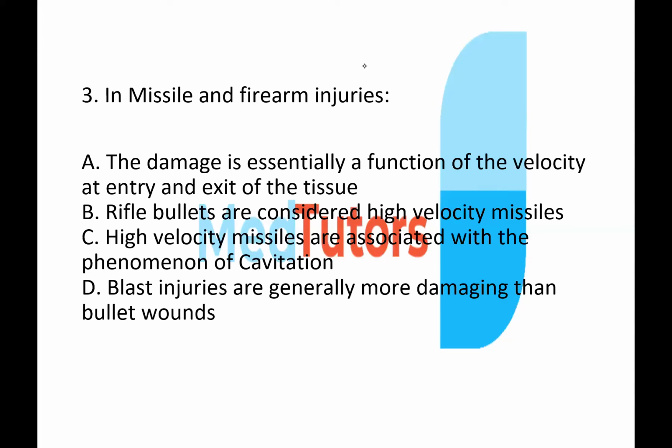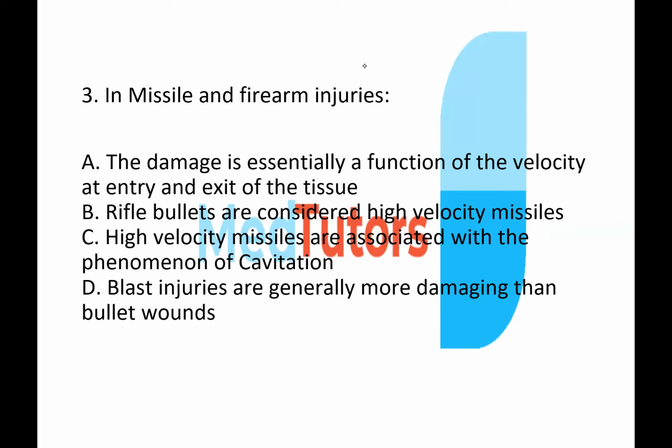Now, there are different types of rifles, or different types of firearms or missiles. You have shotgun, long gun. Long guns are high velocity. They transmit bullets at high velocity.